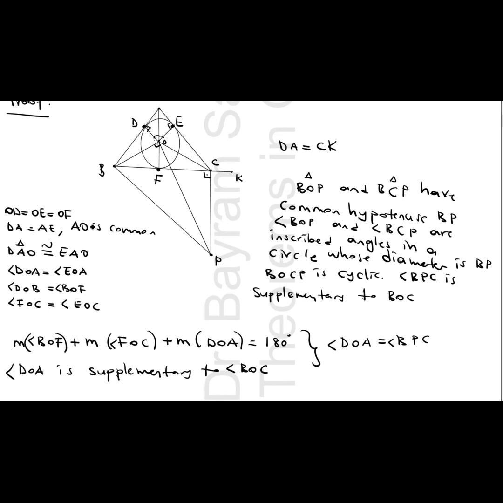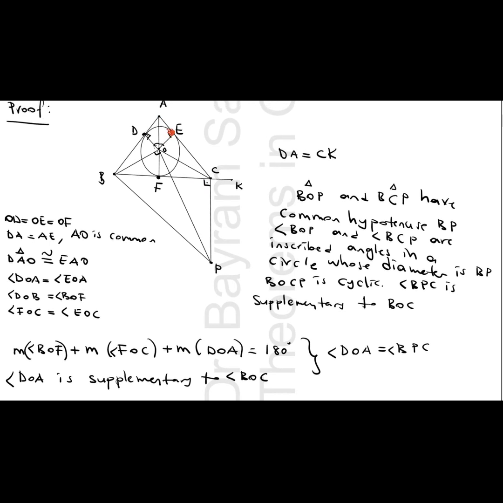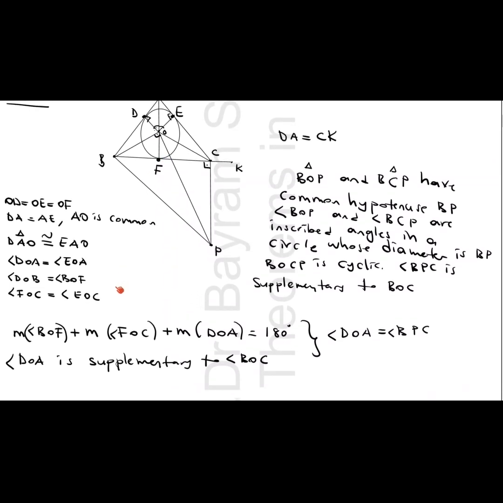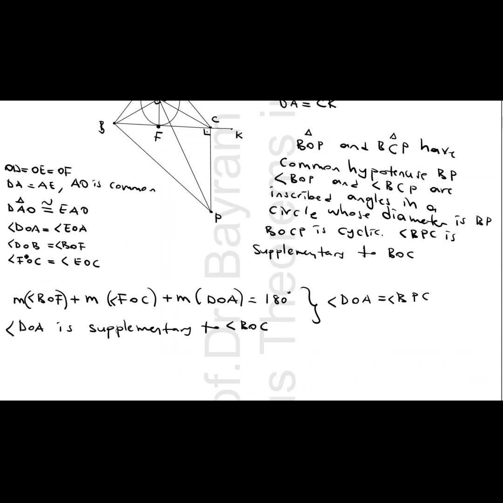Now we have two things here. One, we have right angles in these two triangles. Also we have this angle, they are equal to each other. So by the angle-angle theorem, this triangle DOA is similar to the triangle BPC.